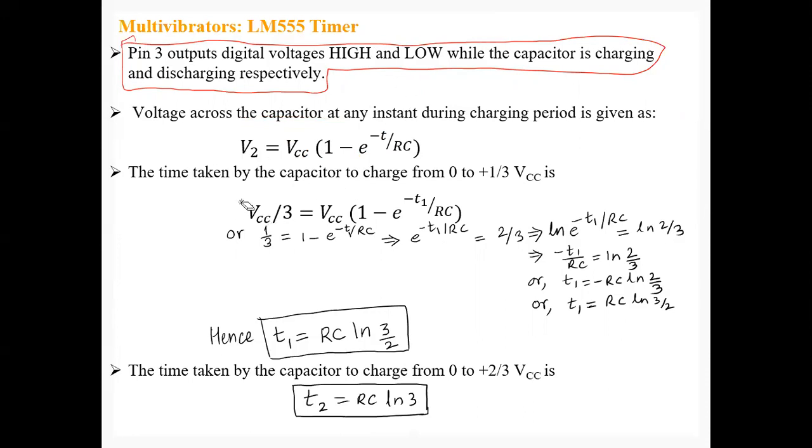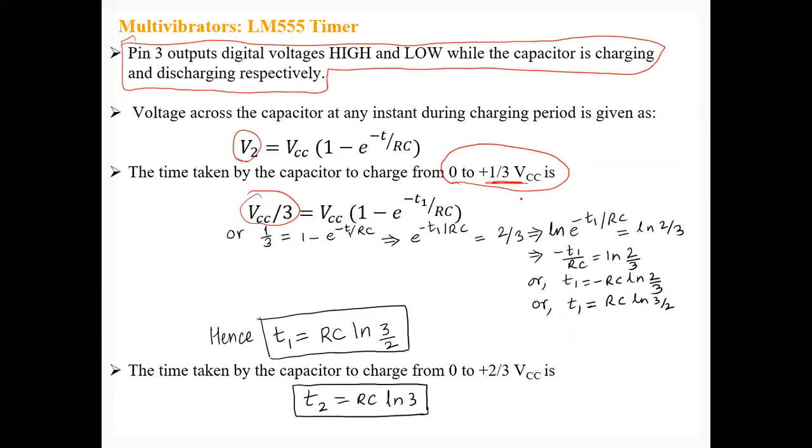Now, what is the time taken by the capacitor to charge from 0 to 1/3 of VCC? So how do I do that? V2 is 1/3 of VCC, so that's what I did here.